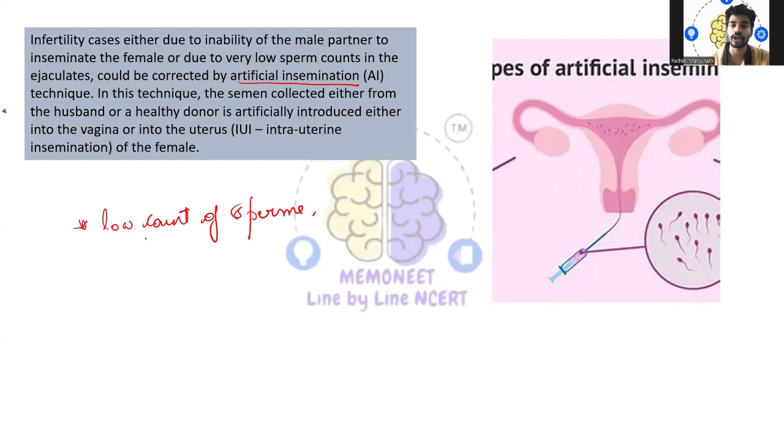At that time, we collect healthy sperms from the donor or from the male partner, and we introduce them directly. This process is called artificial insemination.